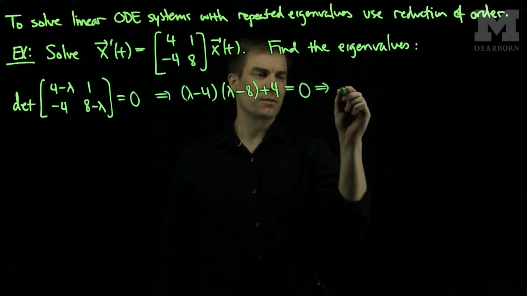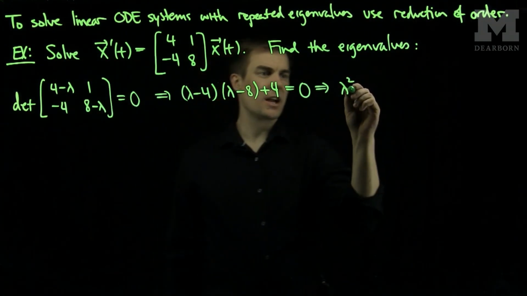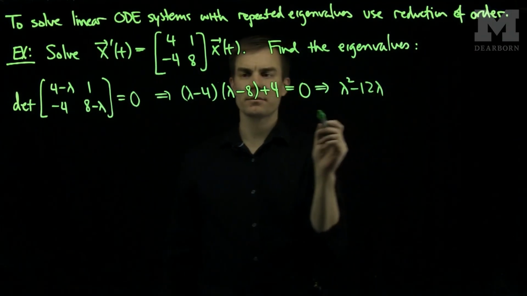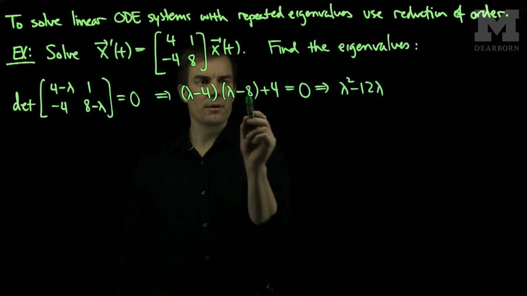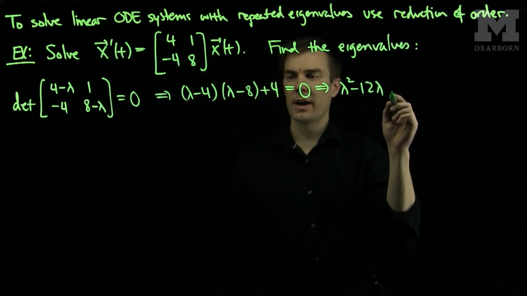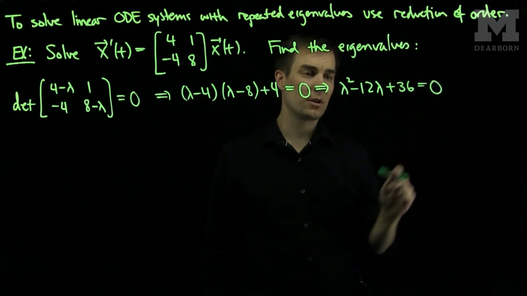Simplifying further, we will have lambda squared, a negative 4 and a negative 8 is a negative 12 lambda, and then I will have a 32 and a 4. 32 and 4 is 36, equals 0.